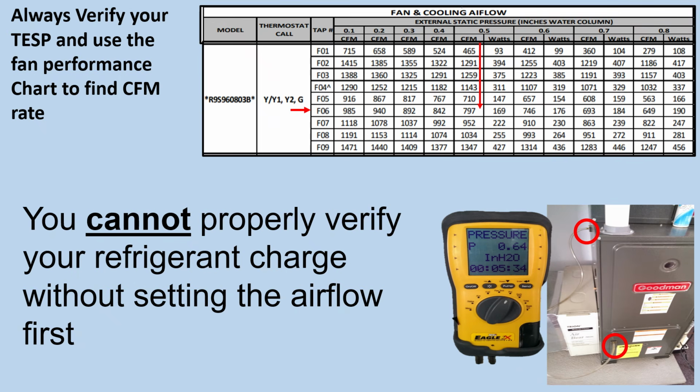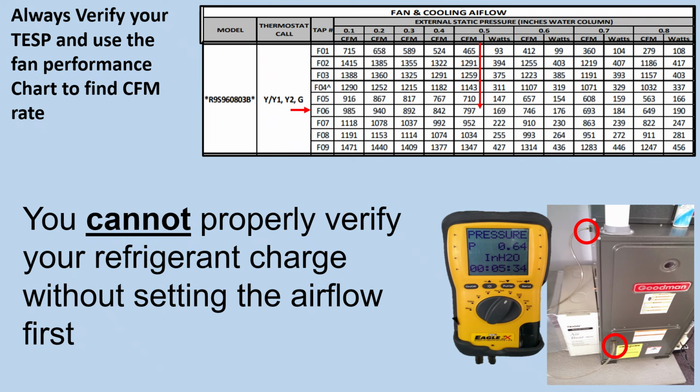Always verify your total external static pressure and use the fan performance chart to find the CFM rate. And you cannot properly verify your refrigerant charge without setting the airflow first. That's the point of all this: you've got to do this to keep your sensible heat ratio where it is.